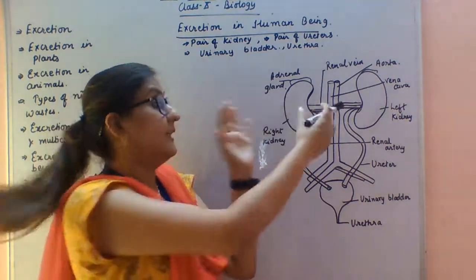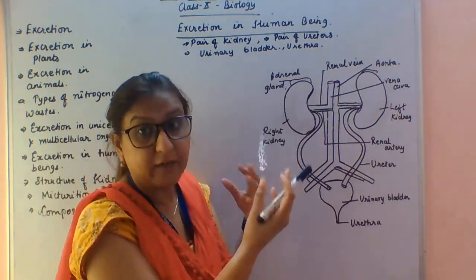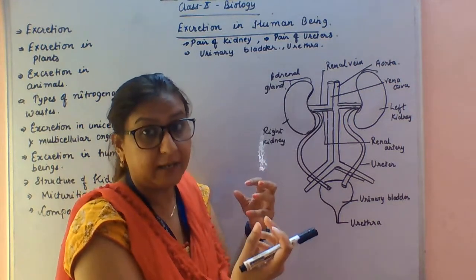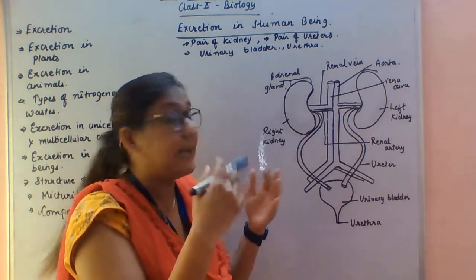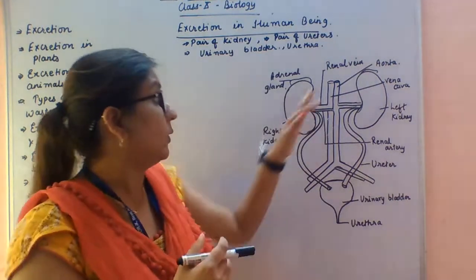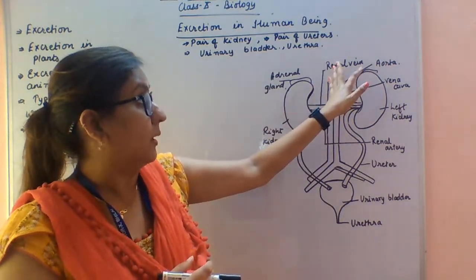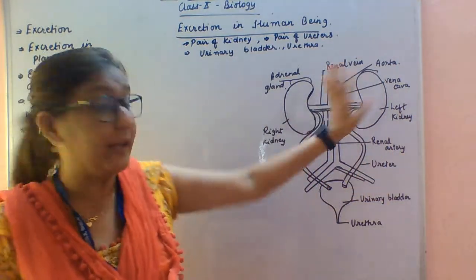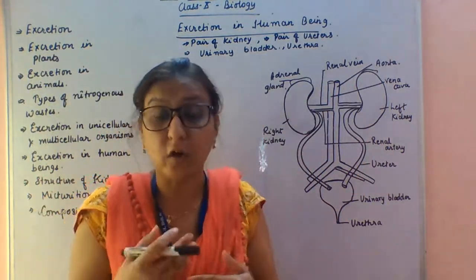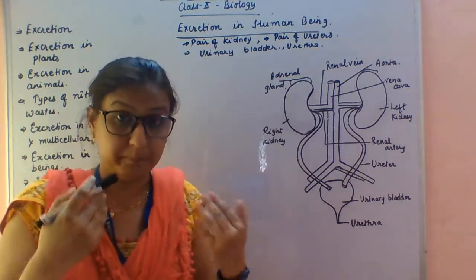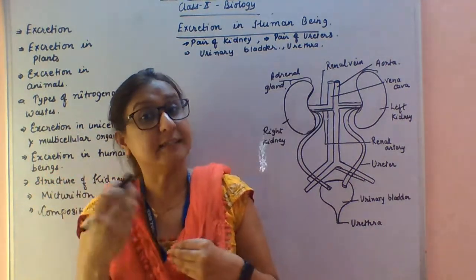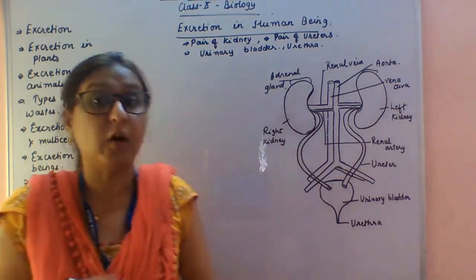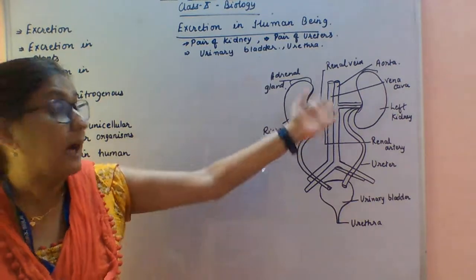When the blood gets purified in the kidney, the nitrogenous waste is excreted out of the blood in the form of urine. The purified blood goes back through the renal vein to the vena cava, and gets back to the body, or back to the heart.